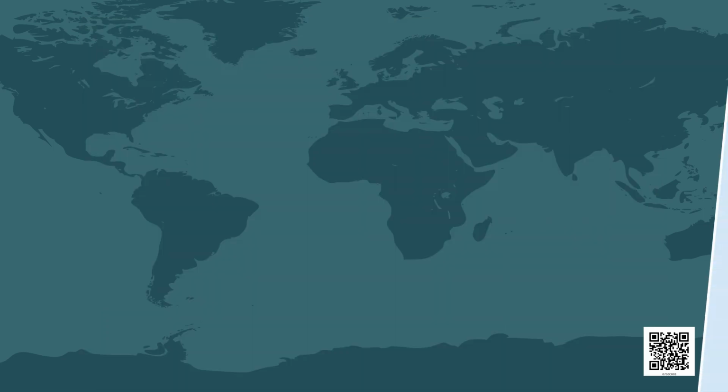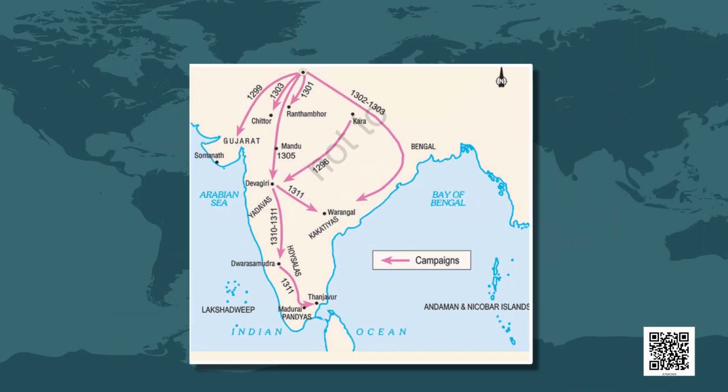So students, see map 3. In this map, Alauddin Khalji's campaign into southern India. You see, he started from Delhi and went to Gujarat and Devgiri, Ranthambore, Chittor, Mandu, Warangal, Tanjavur and Madurai.